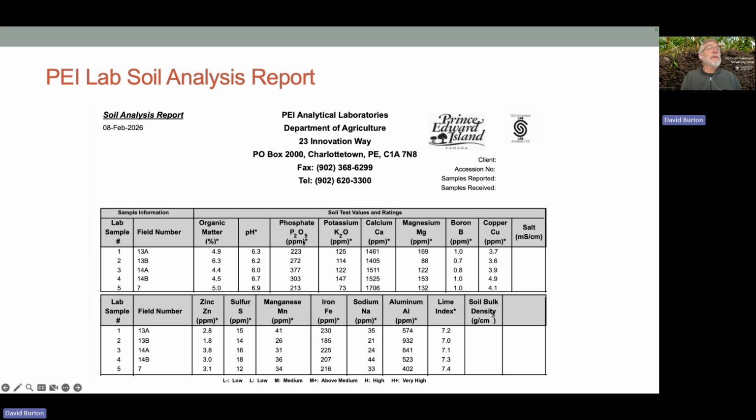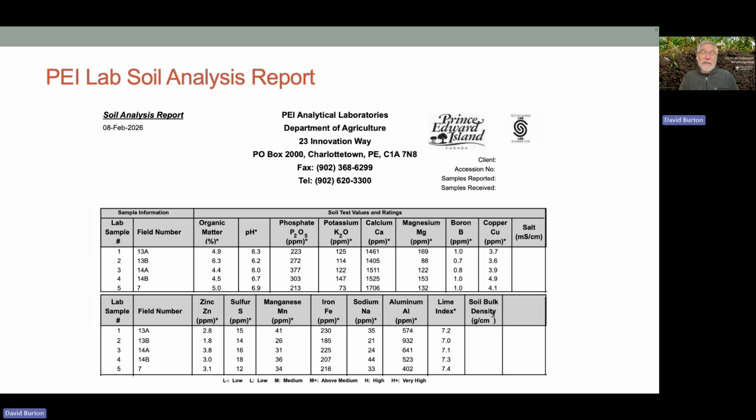Also note that this is in ppm, parts per million, or really probably more correctly, micrograms per gram of soil or milligrams per kilogram of soil, parts per million by weight. Some of the other labs use a conversion to convert that to kilograms per hectare because that's a number that might be more useful to you.